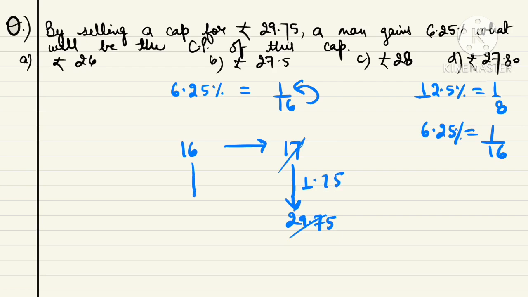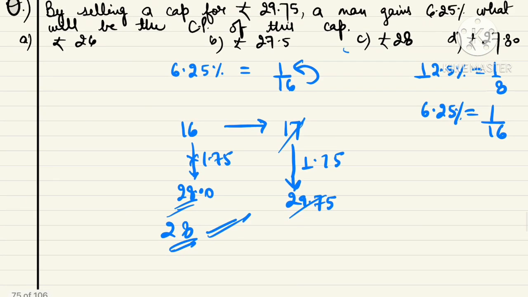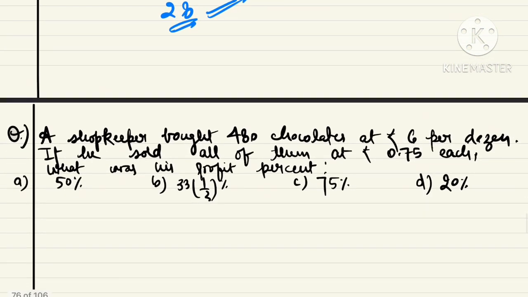If you multiply here also by 1.75, you will get 28, right? So 28 will be your answer. So option number C will be your answer. Let's move to the next question.